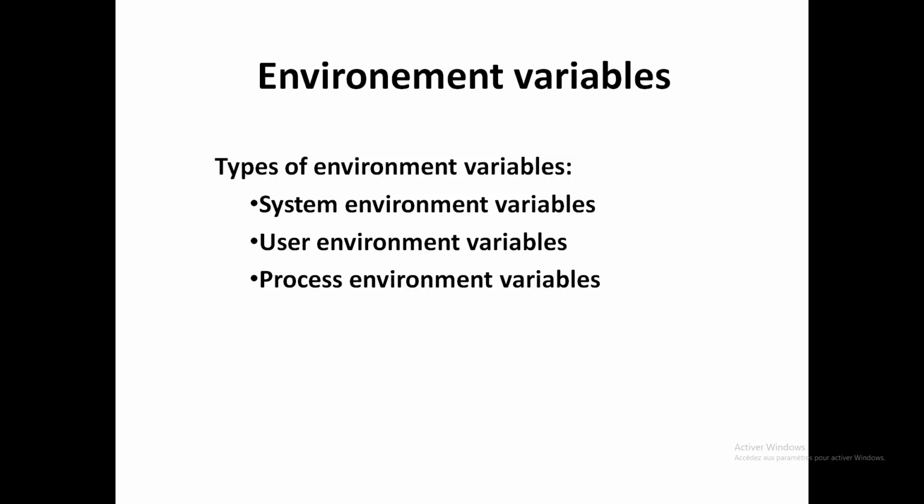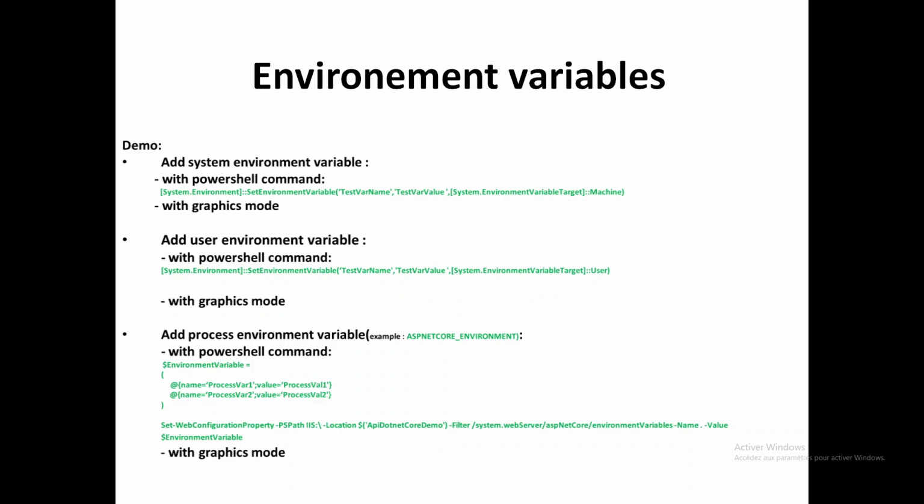We have three types of environment variables: the system environment variables, the user environment variables, and the process environment variables. Now I will show you how to add system environment variables using a PowerShell command or graphic mode, how to add user environment variables with a PowerShell command or graphic mode, and how to add the third type, the process environment variable.